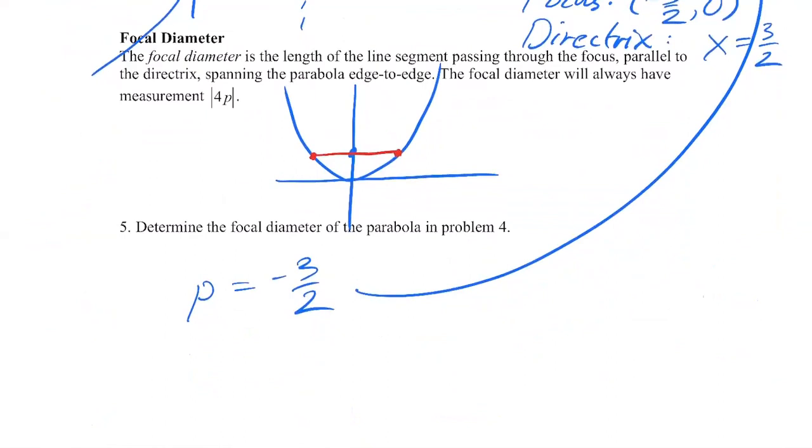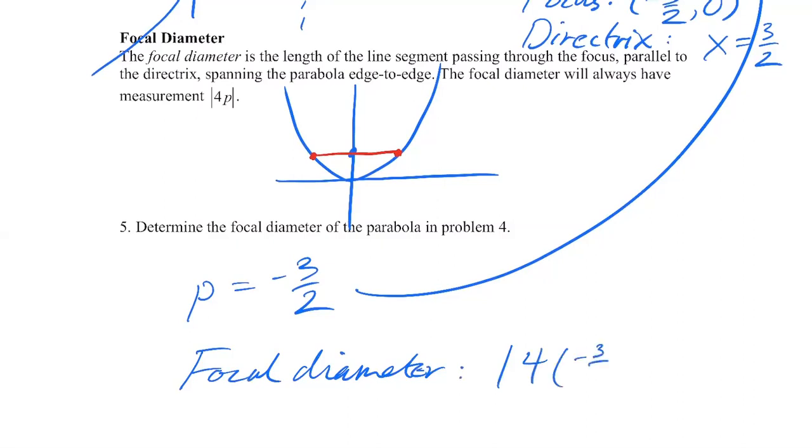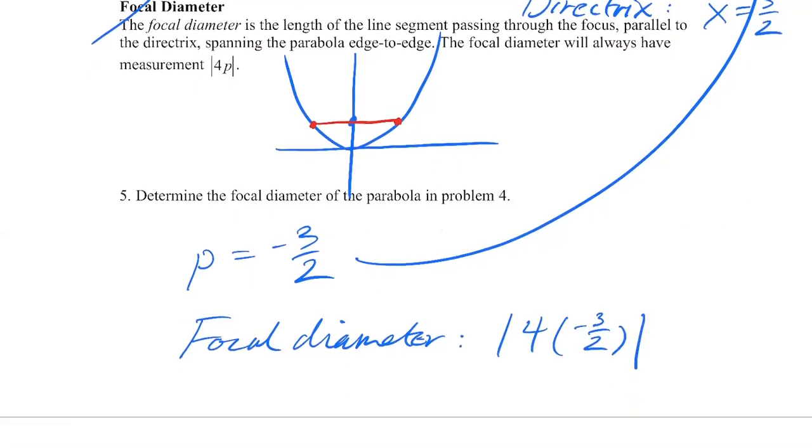We know that the focal diameter will be the absolute value of 4 times p. So this would give us a focal diameter of the absolute value of -6, which is just 6.